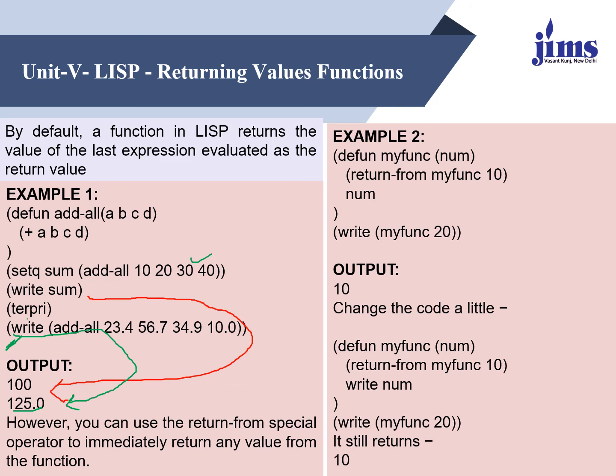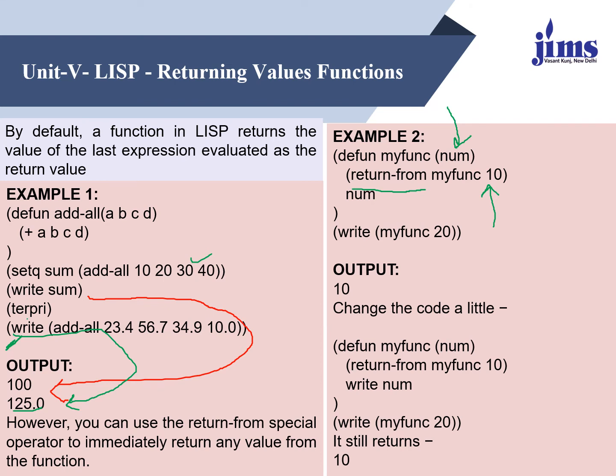This is example 2 where we are learning how to use return-from. So dfun, the name of the function is myfun. I am passing some variable or parameter over here. Within the function I am again calling a function with value as 10. Now again it will be returning the value as num over here.